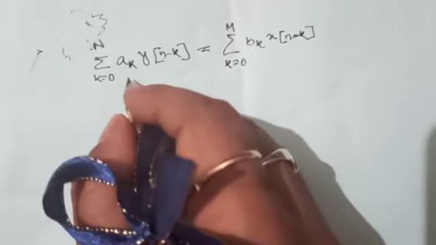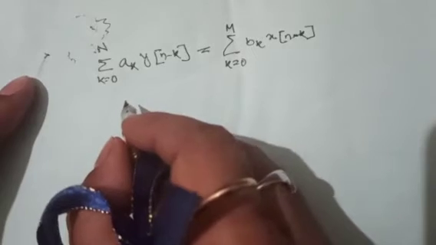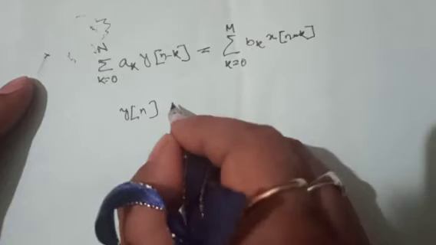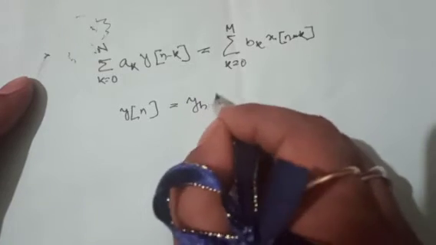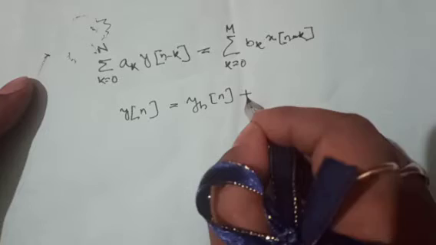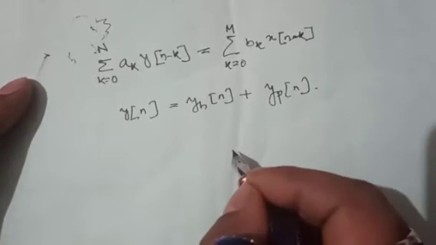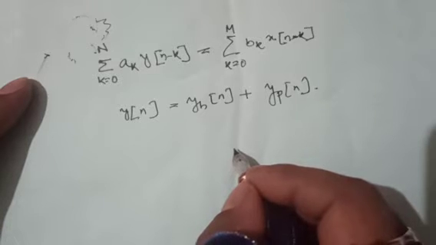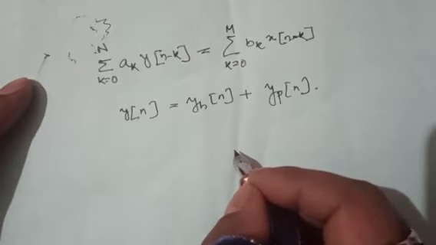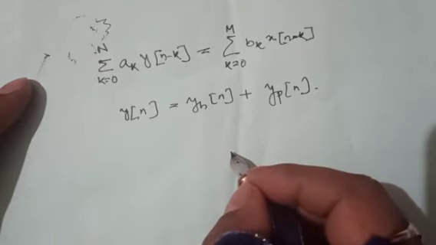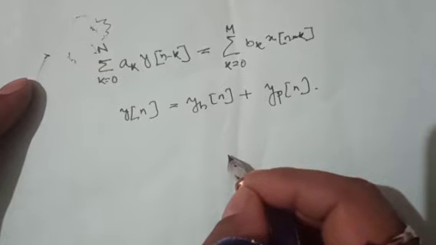The solution of the difference equation, as I mentioned, can be written in terms of the homogeneous solution y_h of n plus the particular solution y_p of n. Now the homogeneous solution is also the natural solution or the natural response, which is the zero input response, that is, x of n is 0 for all n.